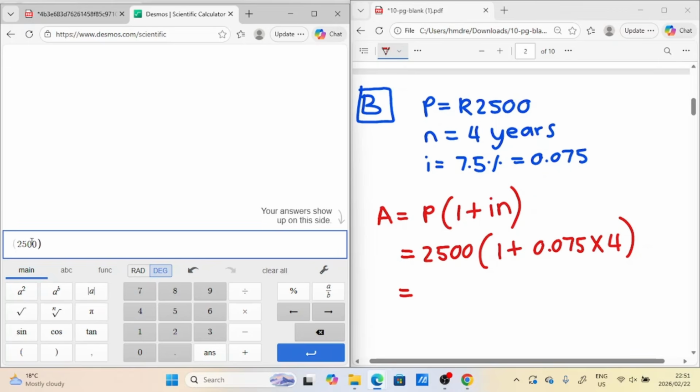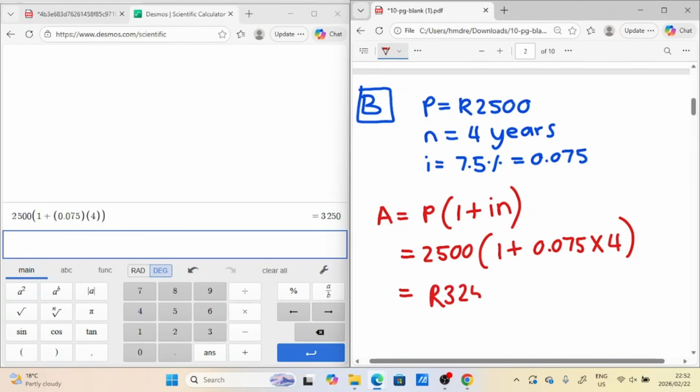So we're going to have 2,500, 1 plus 0.075 times 4, and it gives us 3,250 Rand.